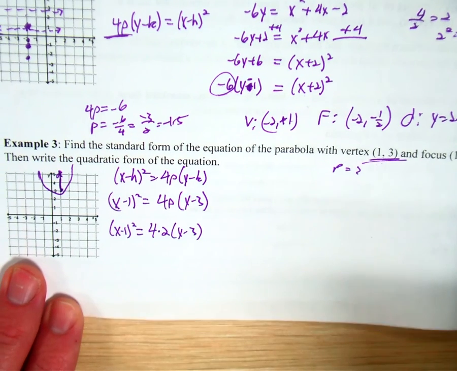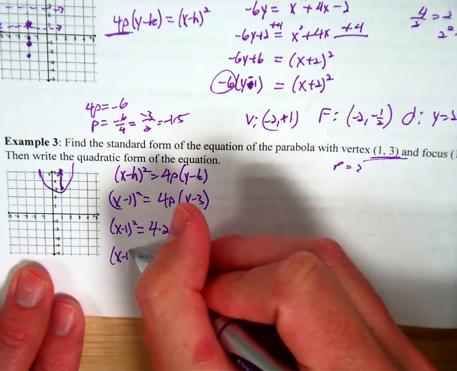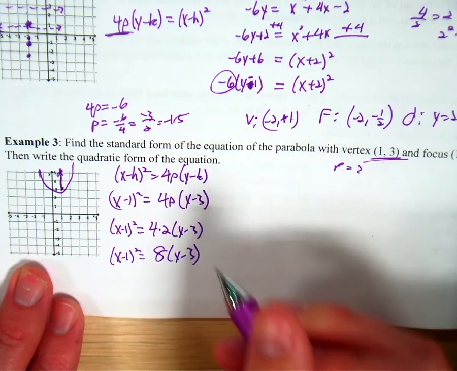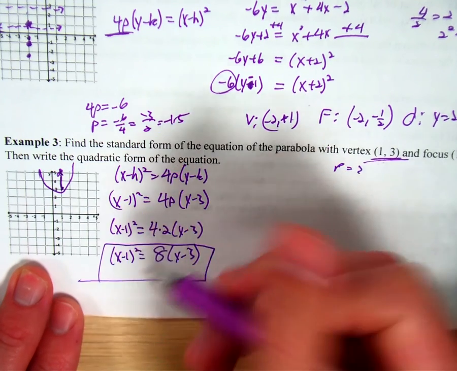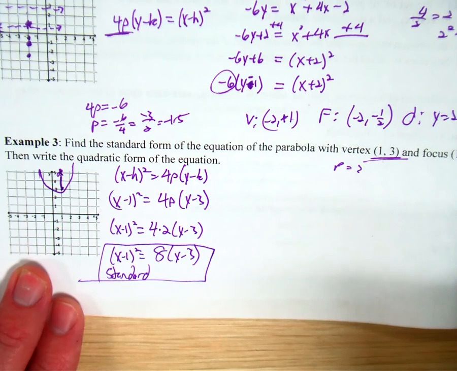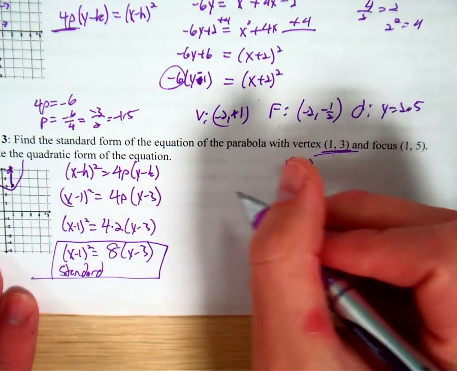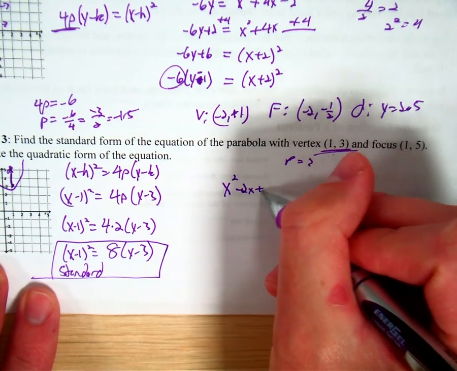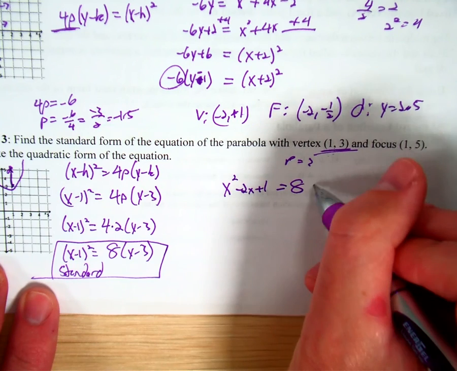All right, and so our standard form is right here. Not too bad. Quadratic form, we got to multiply all that out. So x minus 1 squared should be x squared minus 2x plus 1. 8y minus 24.